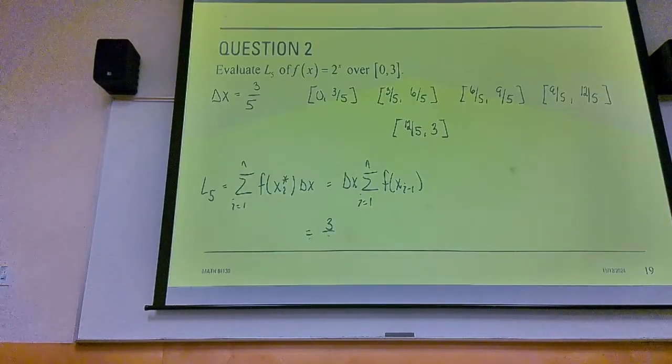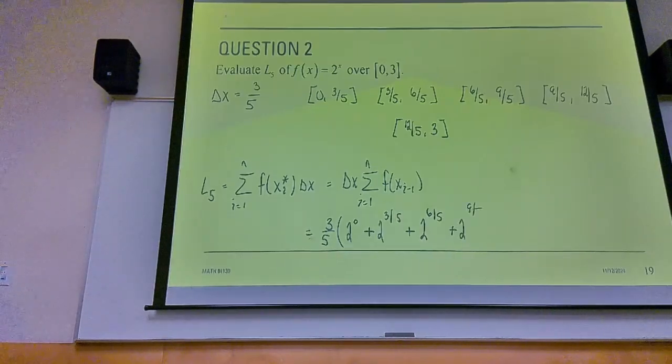Left endpoint for the first subinterval. That's 0. Second, 3 over 5. Third, 6 over 5. Fourth, 9 over 5.